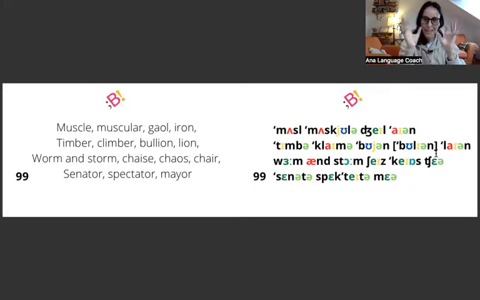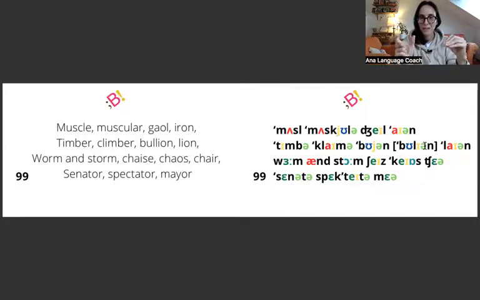It's two R's. When we see these three vowels together, it is a diphthong, and then we have the schwa. So it's iron, iron, timber, climb, climb. So there is no B there.